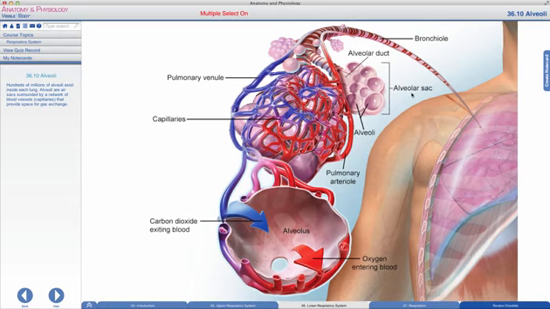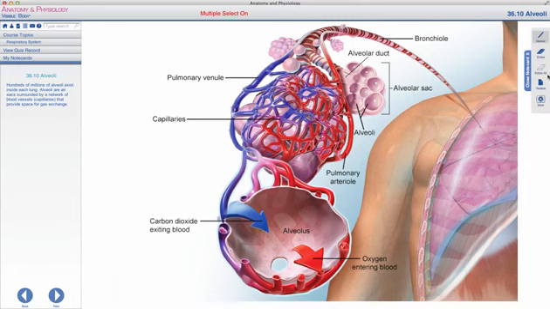Now, these are two terms that are often confused by students. So in order to review these on your own time, I would recommend creating a note card so that you can see the significance of the two structures. We'll begin here by underlining the term alveolar sac and alveoli, and we'll create a text box that reminds us of the following. An alveolar sac is composed of smaller individual alveoli.